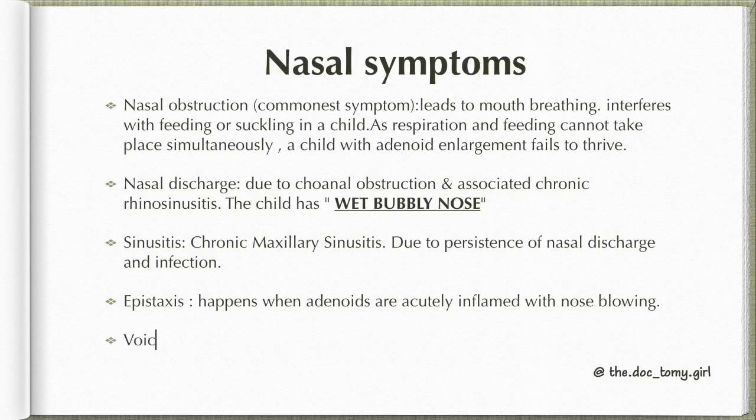Next is voice change. The voice is toneless and loses nasal quality due to nasal obstruction. So these are the nasal symptoms: nasal obstruction, nasal discharge, sinusitis, epistaxis, and voice change.